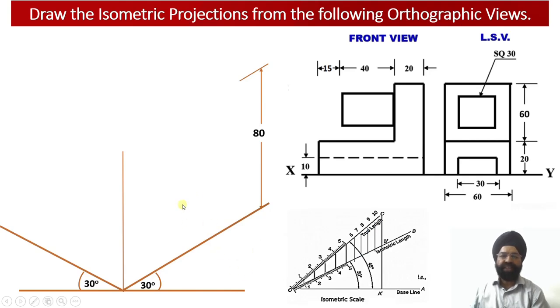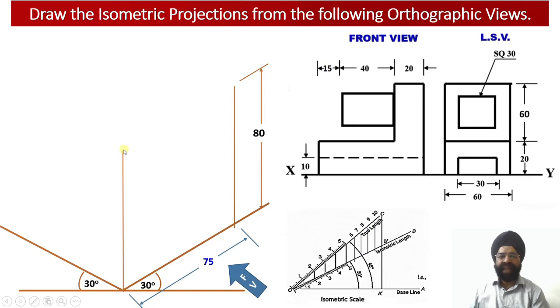We know the dimensions of the front view face of the solid: length equal to 75 millimeter and height equal to 80 millimeter. Now we are going to mark the length as 75 millimeter. This length of the solid is marked along the z-axis, and this distance is equal to 75 millimeter.